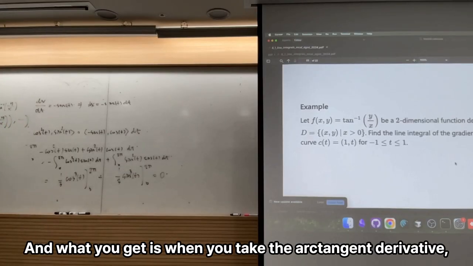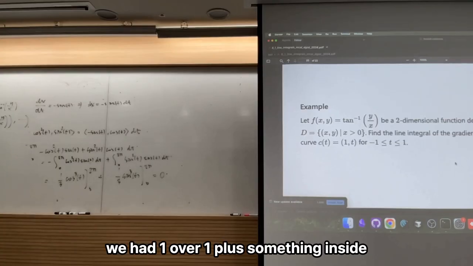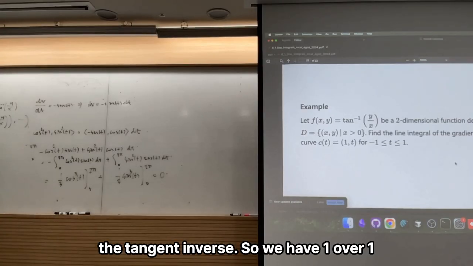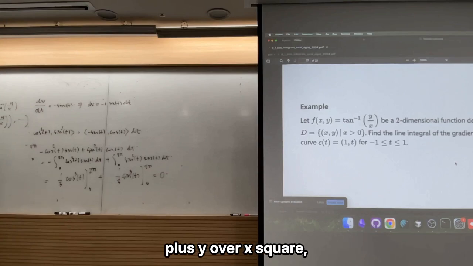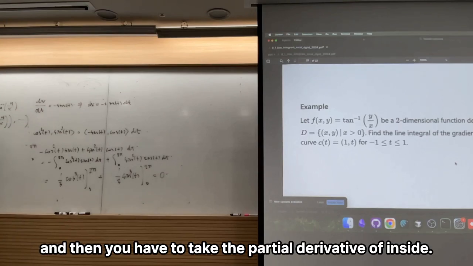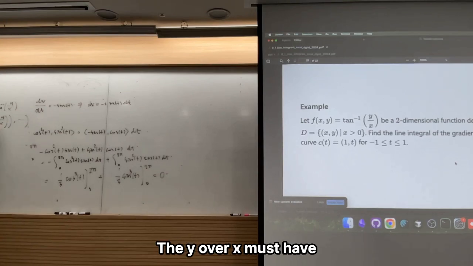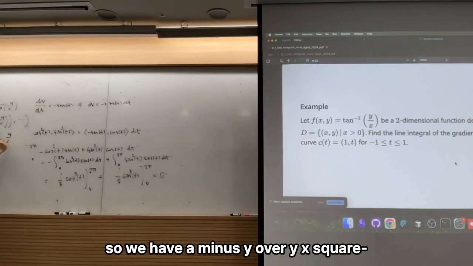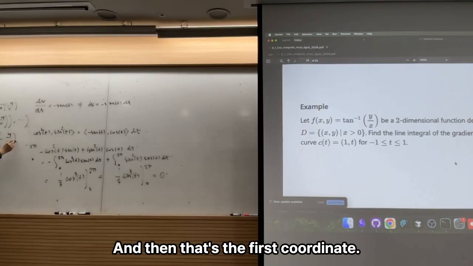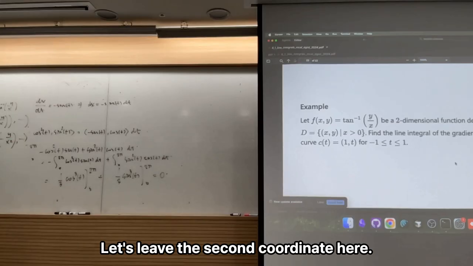When you take the arctangent derivative, we have 1 over 1 plus something inside the tangent inverse, so we have 1 over 1 plus (y over x) squared. And then you have to take the partial derivative of the inside. The y over x must have a partial derivative too, so we have minus y over x squared. That's the first coordinate. Let's leave the second coordinate here.